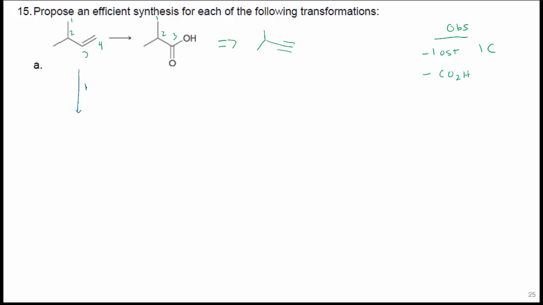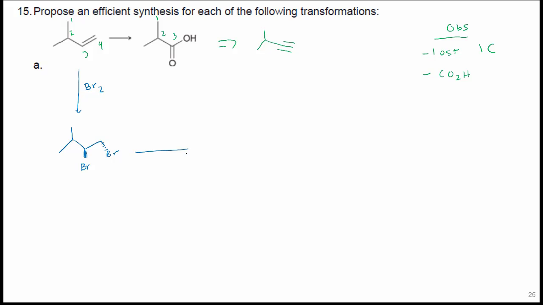So I can add Br2 and that will add 2 bromines. And technically this would add them anti to each other, but because we're eliminating them in the next step, I'm not really concerned about the stereochemistry there.